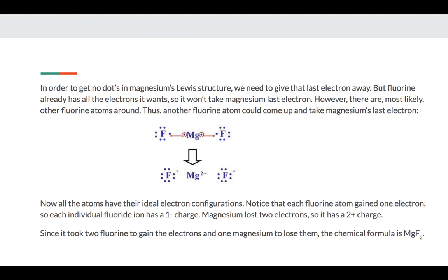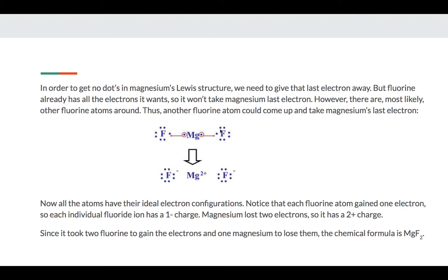But fluorine already has all the electrons it wants, so it won't take magnesium's last electron. However, there are, most likely, other fluorine atoms around. Thus, another fluorine atom could come up and take magnesium's last electron.